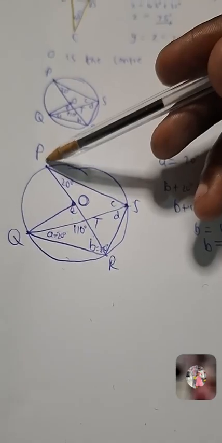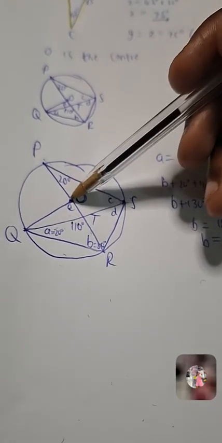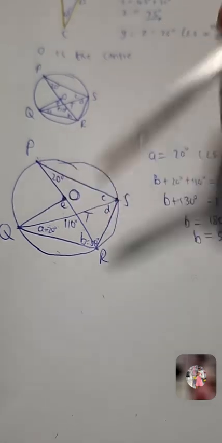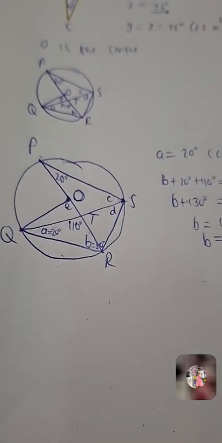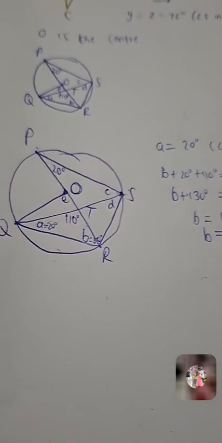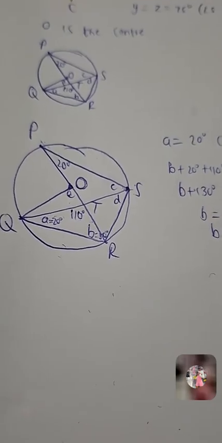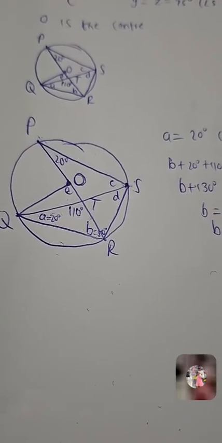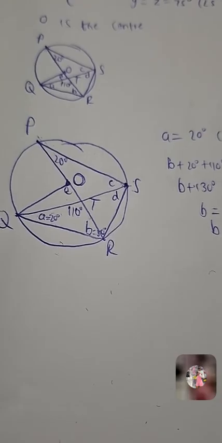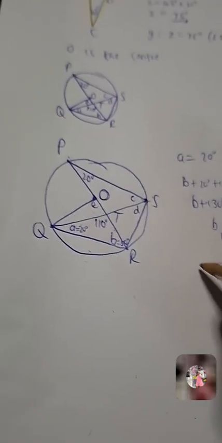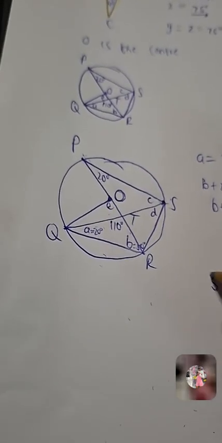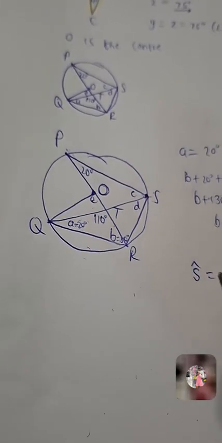That line is called a diameter. So I agree with you 100%. And so angle S is 90 degrees.